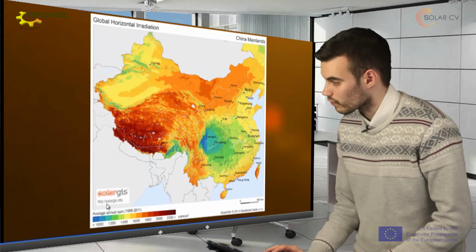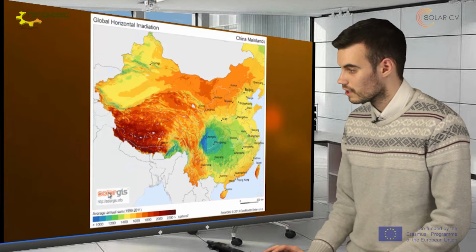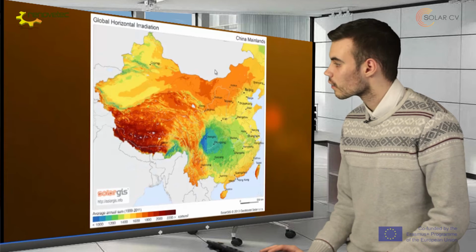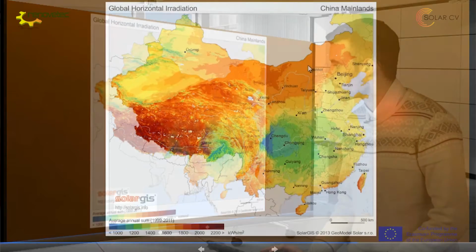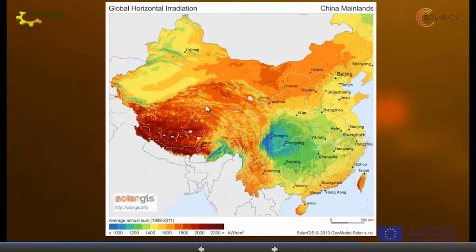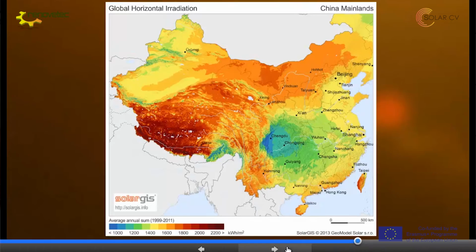And here, for example, from the source Solarcv, we can see a map of China with the values of irradiance. Here, the red values represent higher irradiance.